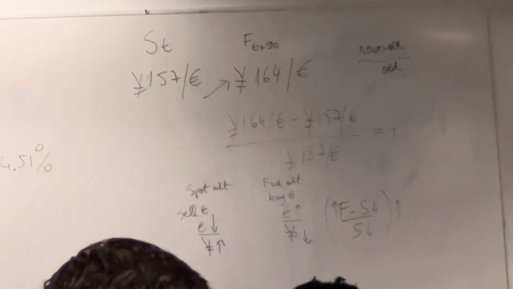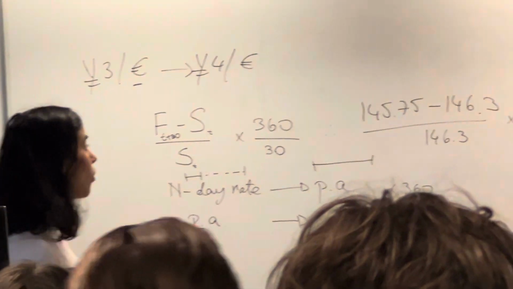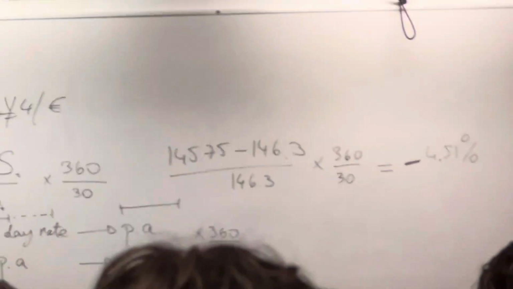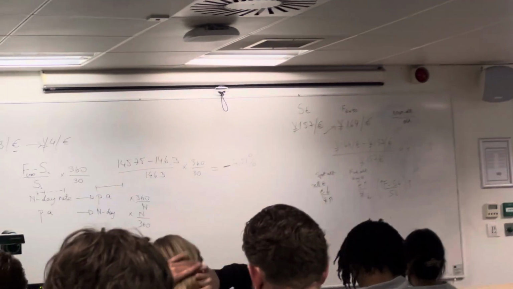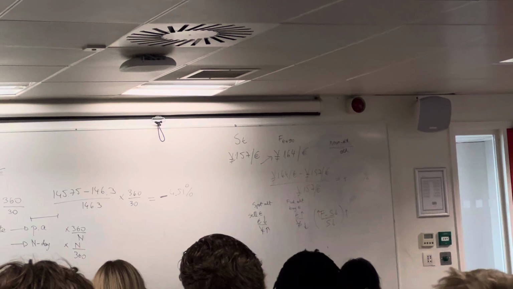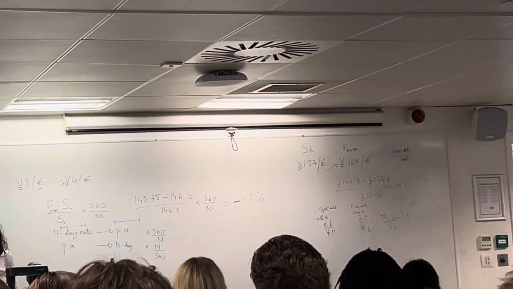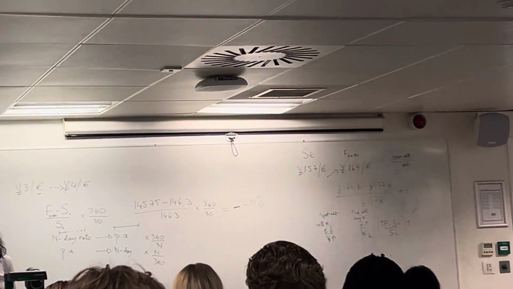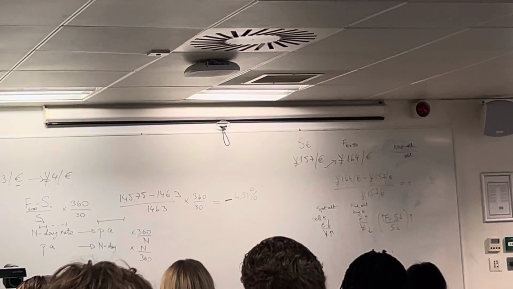Okay, so then the rest are the same. All of them are negative, which makes sense because the euro is trading at the forward discount, but it is expected to depreciate.